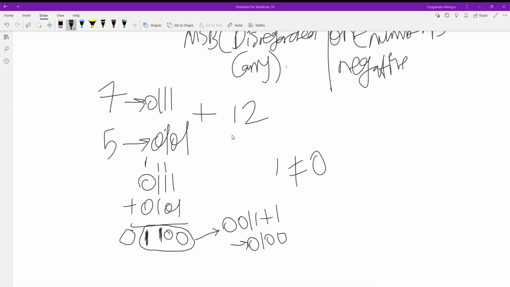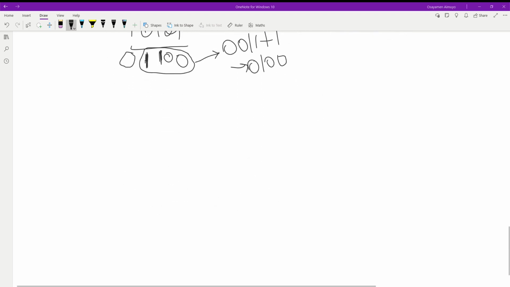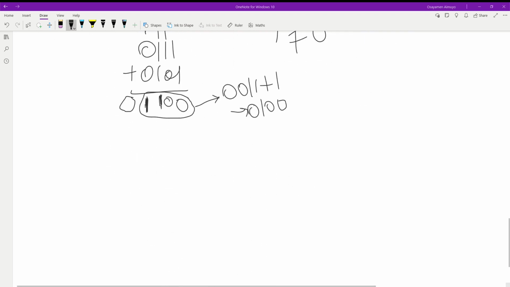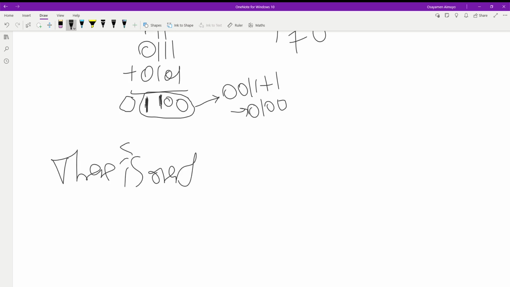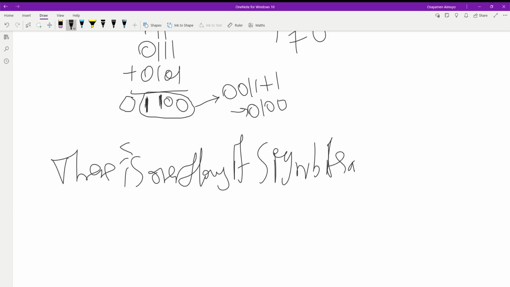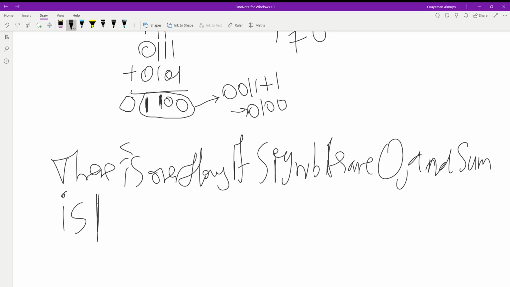Okay, so the other quick method to quickly know, and they're kind of similar, is that there is overflow if sign bits are 0 and sum is 1, and vice versa.